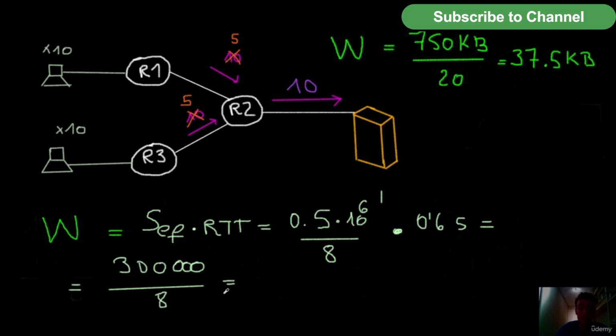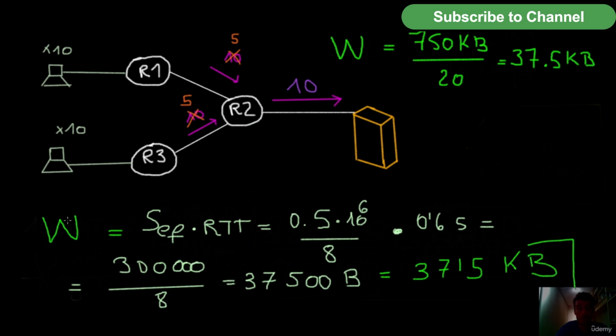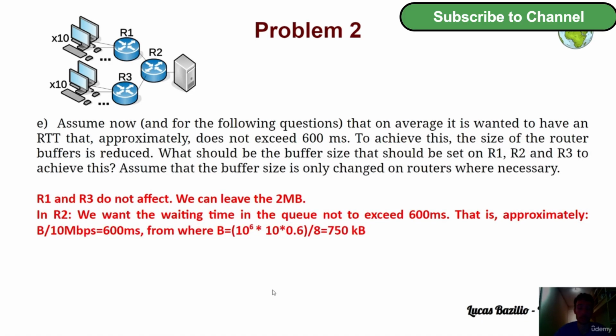The value is 37,500 bytes. If we transform this to kilobytes, we have precisely what we calculated initially, 37.5 kilobytes. This is the value that will be on average the window that each TCP connection will use in this new assumption that we made on question E.